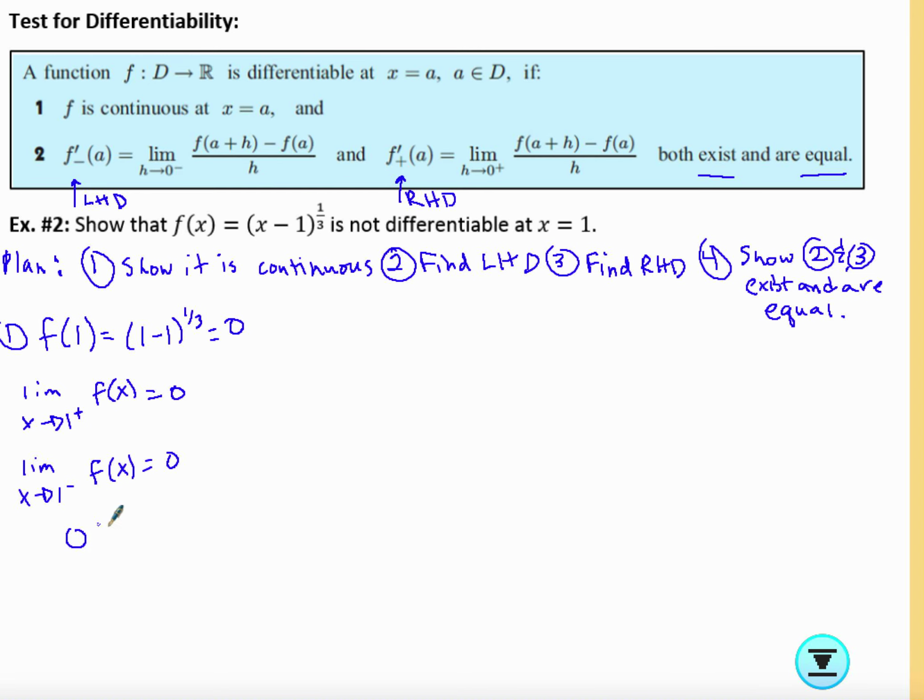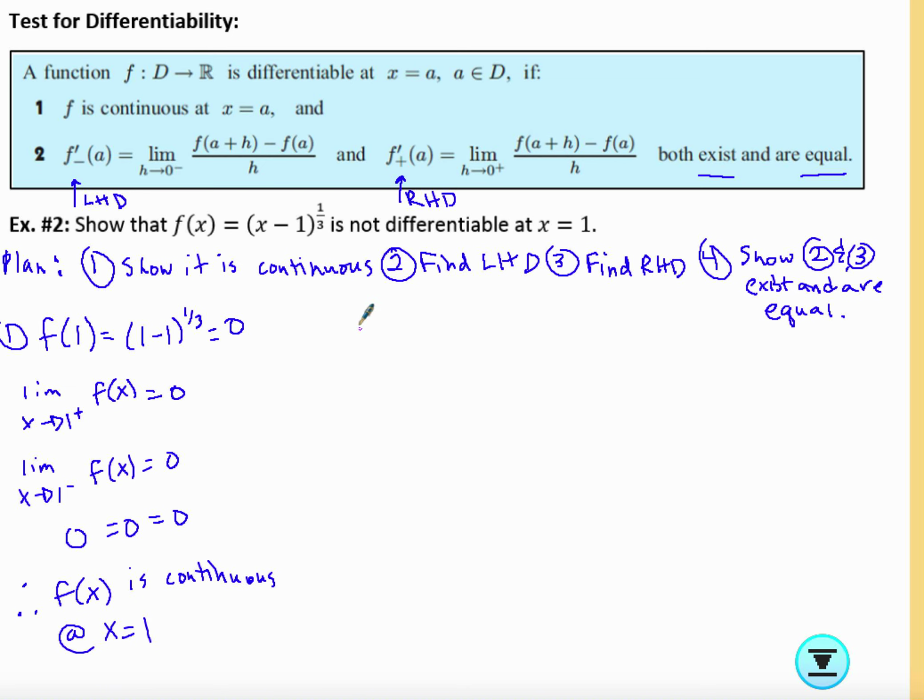And since 0 equals 0 equals 0, these all are the same, f of x is continuous at x equal to 1.